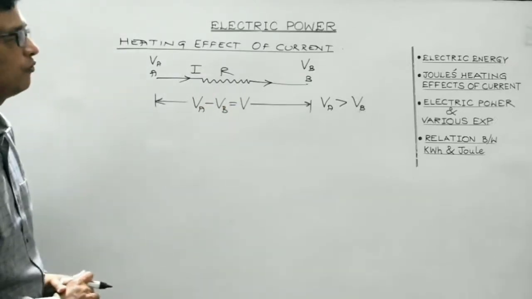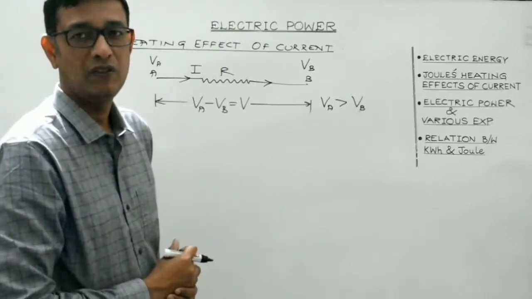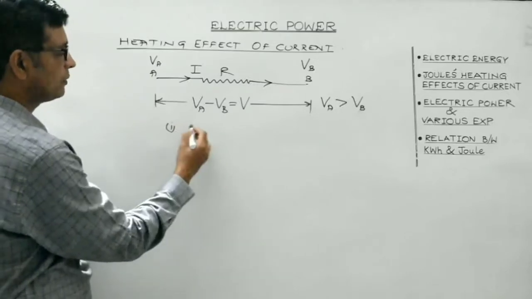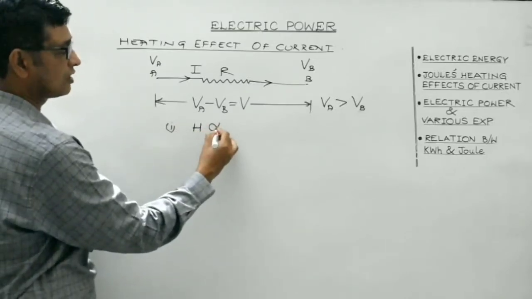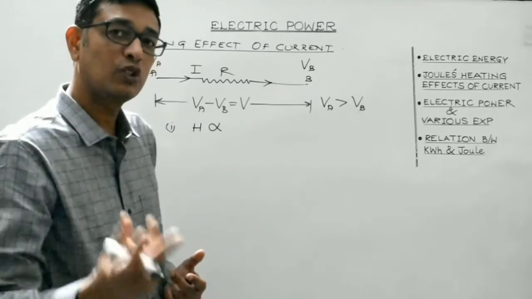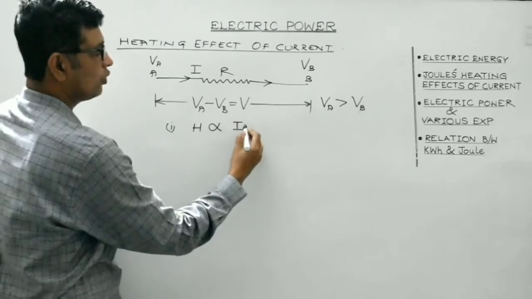So what James Joule found was, amount of heat is produced whenever current is made to pass through a conductor. And this amount of heat produced across the length of the conductor is found to be directly proportional to the square of the current flowing through it. So H is directly proportional to I square.